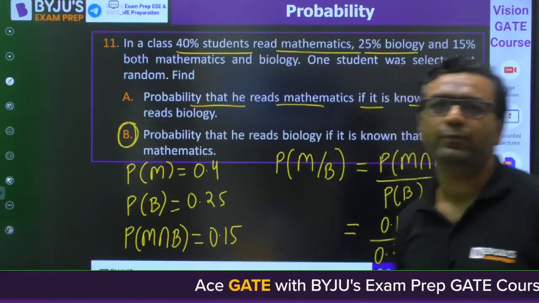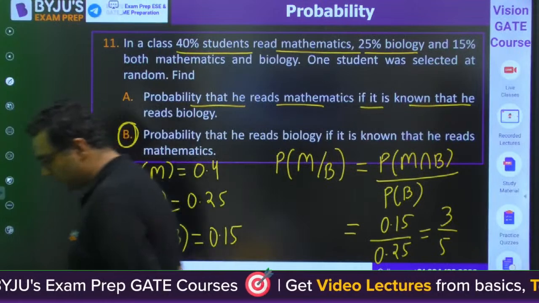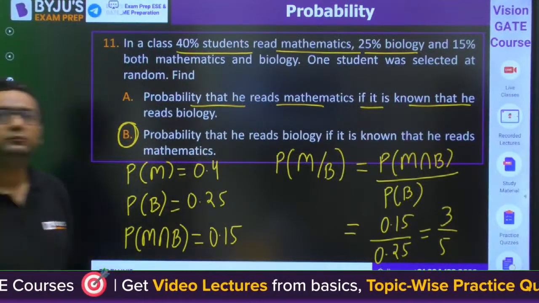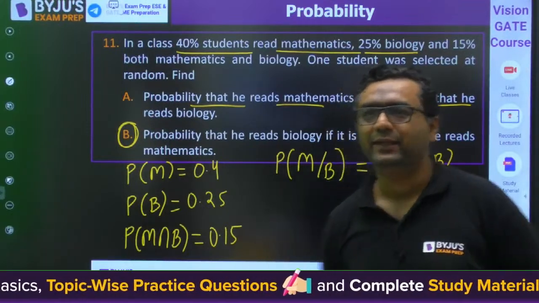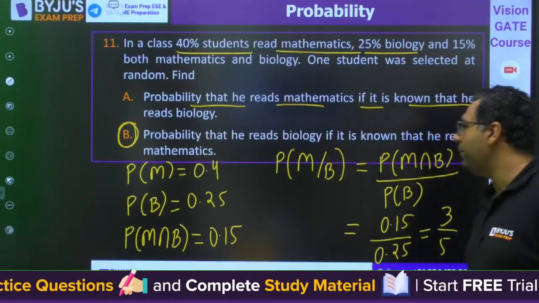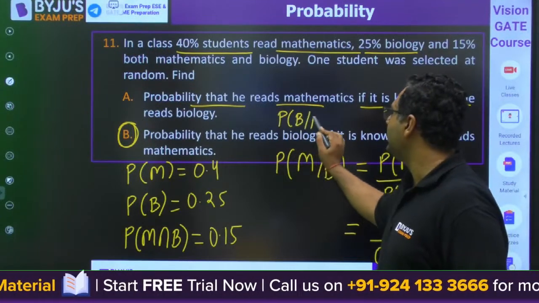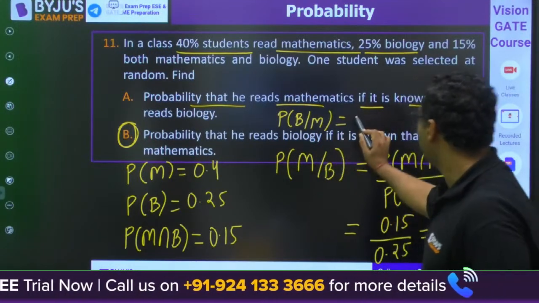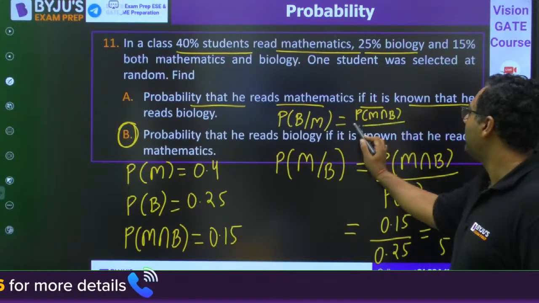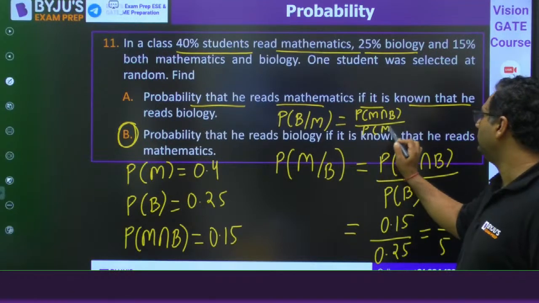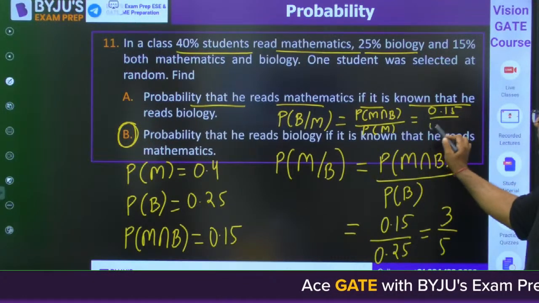I won't answer purely from your side, guys. Oh, very good, Vinay is saying 3/8. Probability that he reads biology when it is known he reads mathematics. So probability of M intersection B by probability of M. It is 0.15 by 0.4.